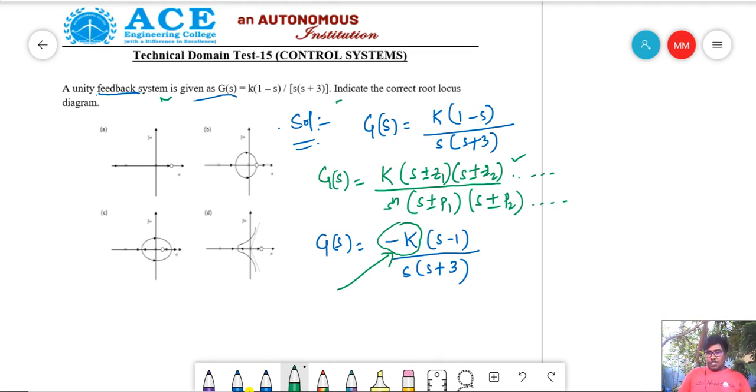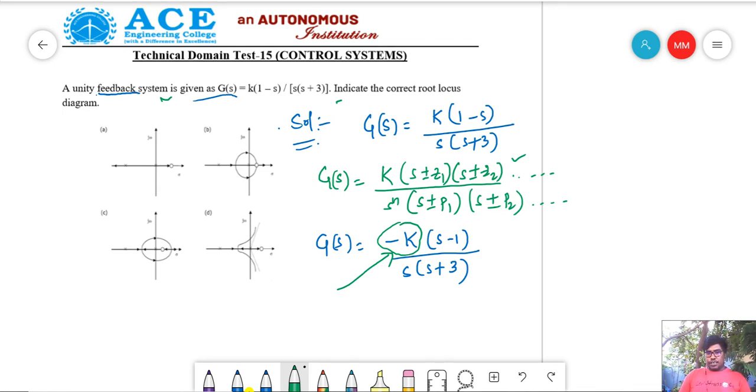By the transfer function we need to decide whether to take it as direct or complementary root locus. We consider complementary root locus when the system feedback is positive or the value of K is negative.